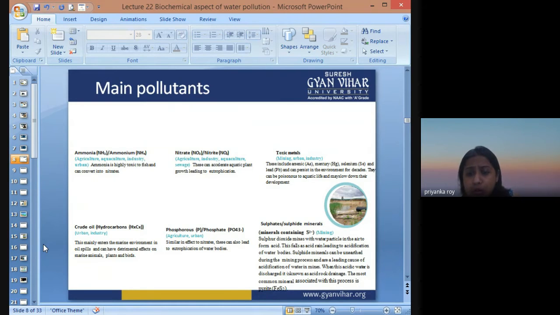And the most common mineral associated with this process is pyrite, that is iron and sulfur, pyrite, and that is the most common mineral. So whenever we are harvesting iron ore, specifically a mineral like pyrite, we will get sulfur dioxide mixed into the atmosphere.